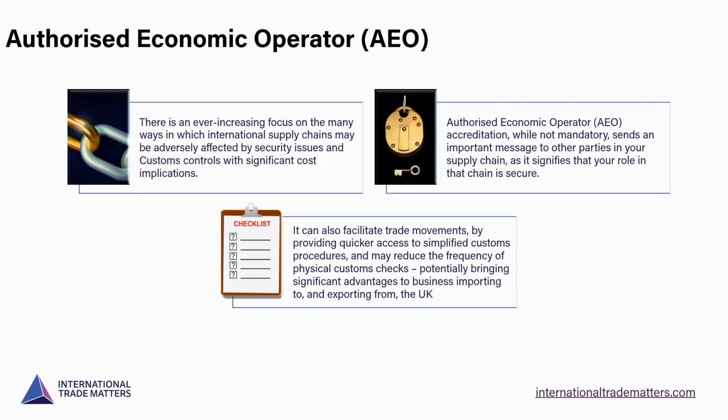And it signifies that your role within the supply chain is secured at all times. So you can also facilitate trade movements by providing quicker access to simplified customs procedures.